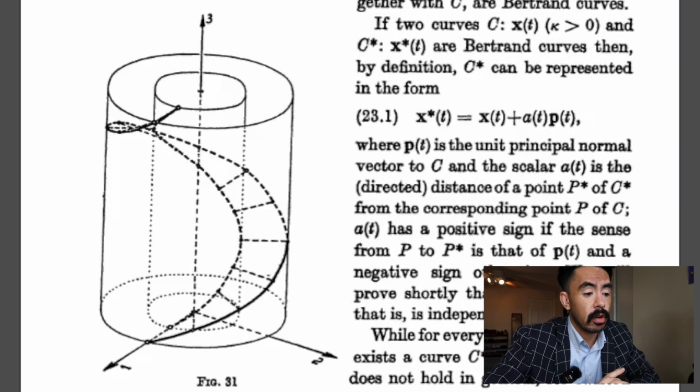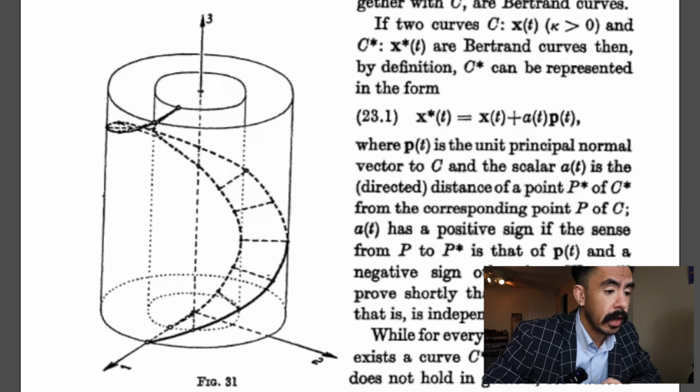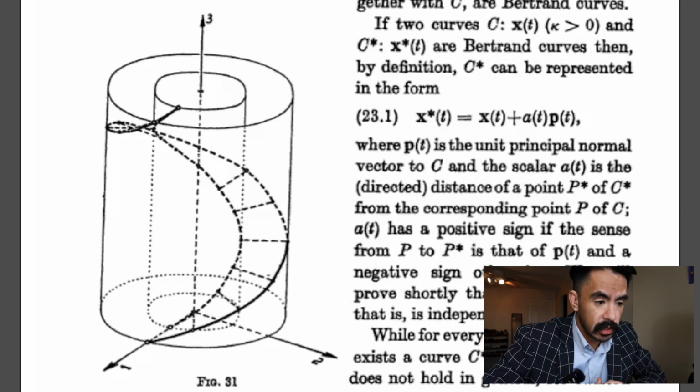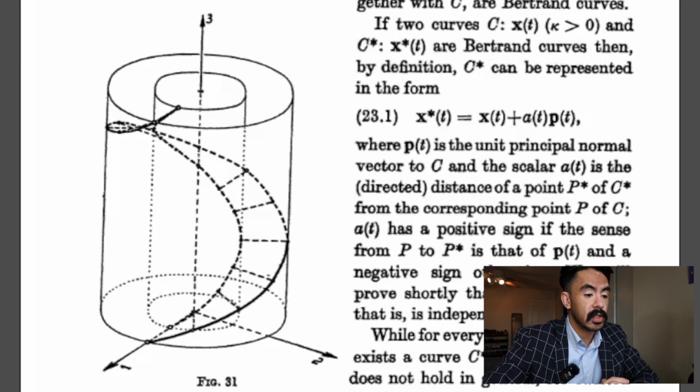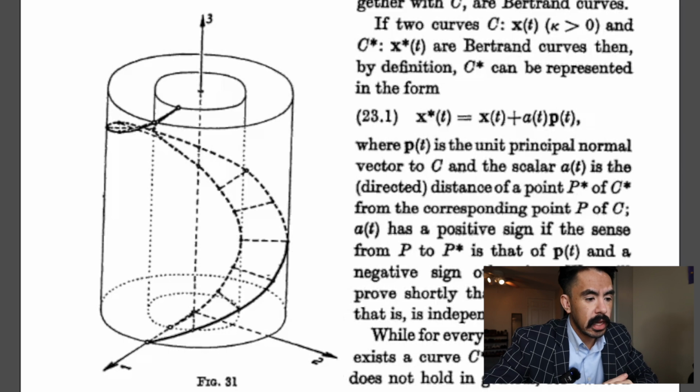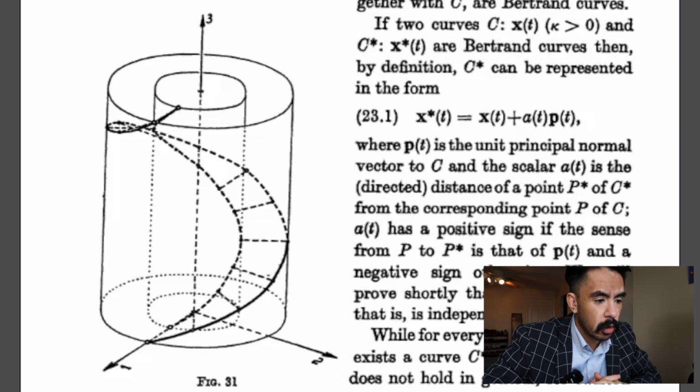These curves are Bertrand curves then by definition, and C star can be represented in the form vector x star of t is equal to vector x of t plus a of t times vector p of t, where vector p of t is the unit principal normal vector to C, and the scalar a of t is the directed distance of a point P star of C star from the corresponding point P of C.